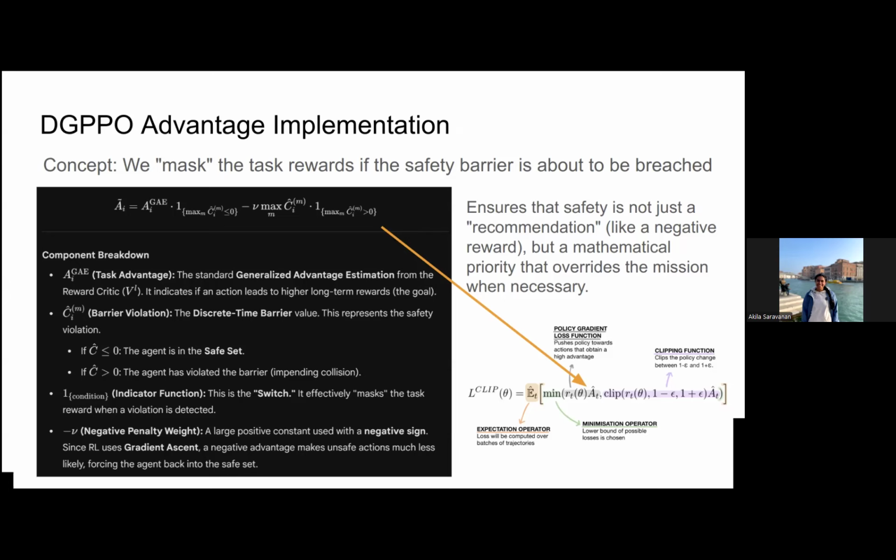Interesting. I guess in the GRPO example, it's like throwing it out, right? If it violates, then you throw it out, and you only deal with the ones which are good. But we talked about edge cases.